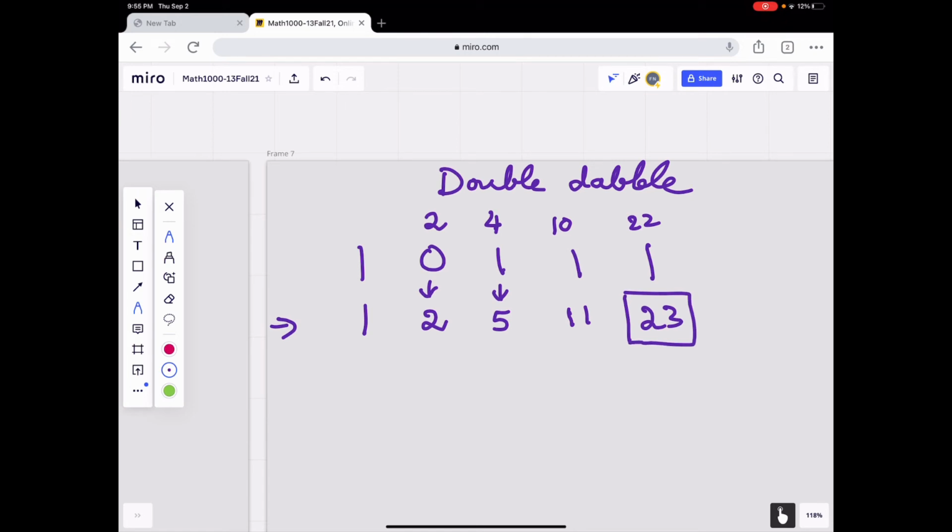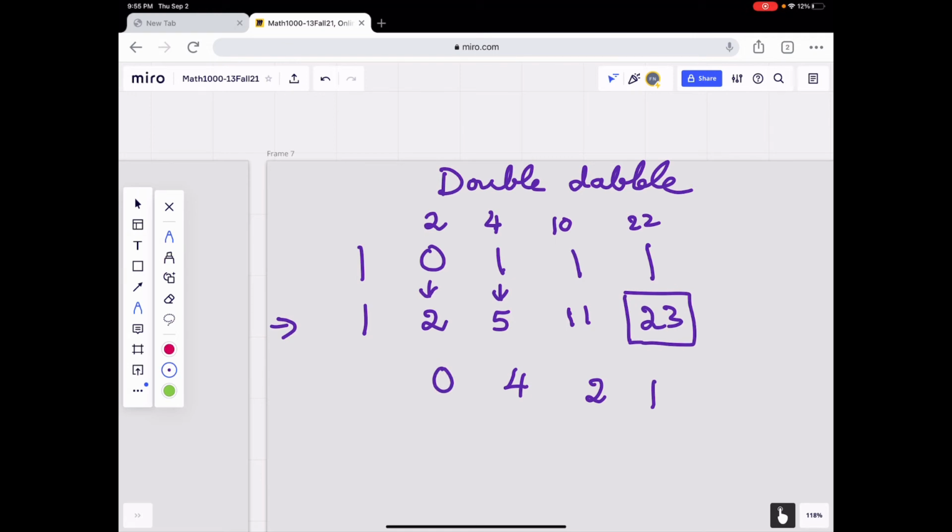Okay. And we already know that 23, well, if you want to check by looking at the table again, you see this one is 1, and this one is 2, and this one is 4, and this one is 0, so you don't have to worry about this one.